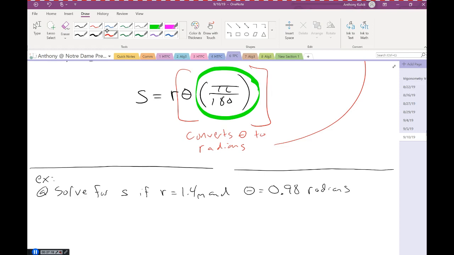Which of the two formulas do I want to use, the first one or the second one? They're both solving for S. Good. I should use the first one.